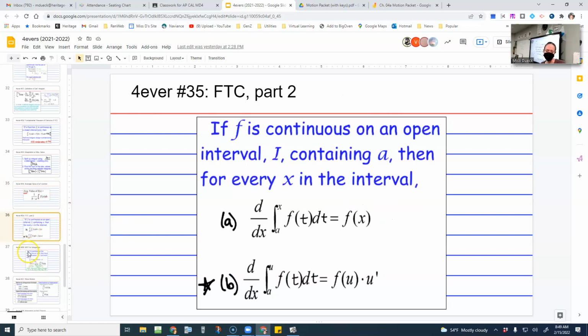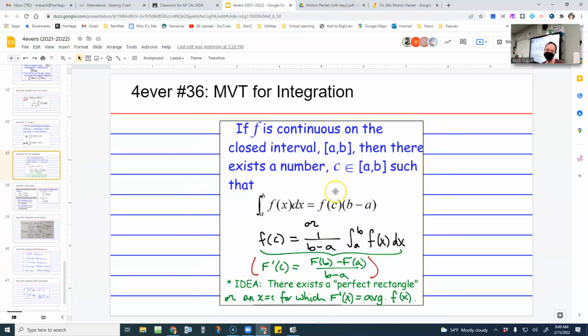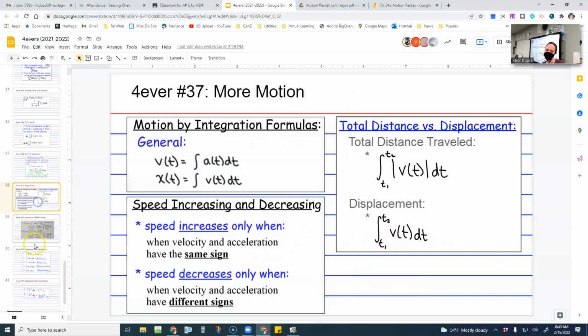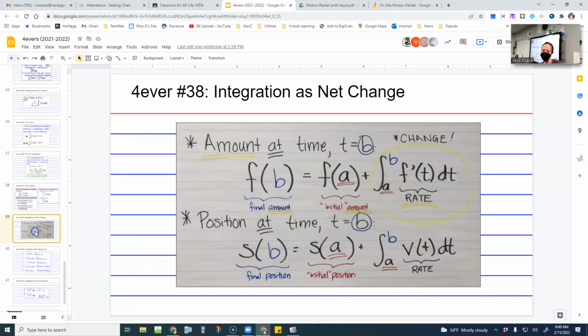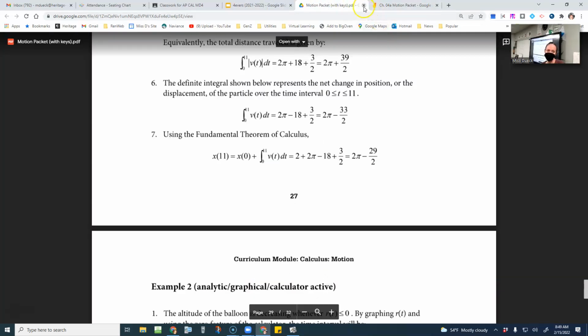Kind of like average rate, but a little different because I have an integral. FTC part 2 says I'm taking a derivative, a special way of doing that. MVT has a C in it with average value and instantaneous value. And then we end right here with more motion. And this is the guy we'll come back to finish off at that motion packet.